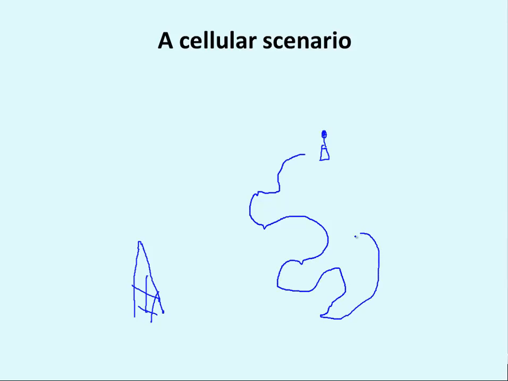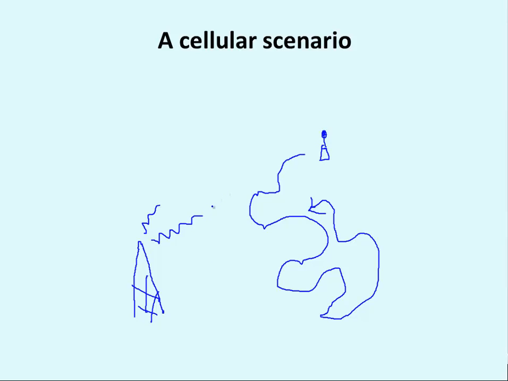I'm sure you're familiar with cell phones, so let's consider a case where you have a cell phone tower transmitting signals, and you have someone with a cell phone out here somewhere, so I'll draw my cell phone like this. And this person is moving around in a random way. Now, as he moves around, the base station, the tower, is transmitting signals.